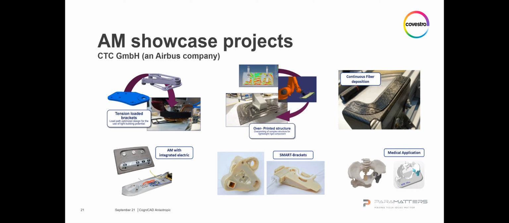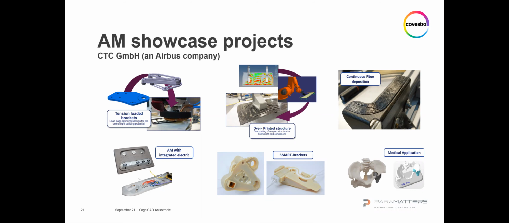Another one on the bottom right is within medical applications. And in each of these applications, there's some sort of anisotropy. What we noted in the last years is that the design and sizing, the engineering time to develop such parts, to create the print paths and so on, takes quite a lot of time. We need different tools, and therefore we were interested.